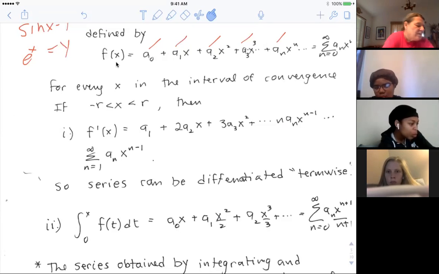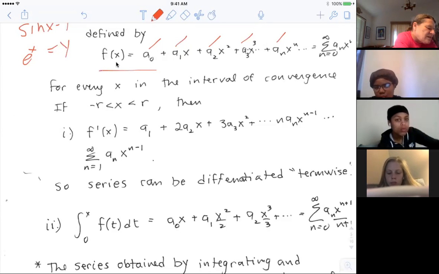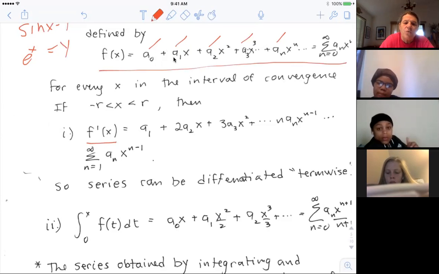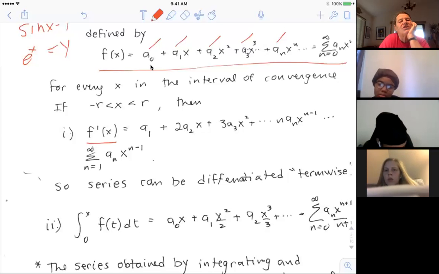So for example, if I start with this, and I want to find f prime, I will just differentiate this. So guys, what's the derivative of a sub 0? Well, it's just a constant, guys. It's just going to be 0. What's the derivative of a1x? a1.